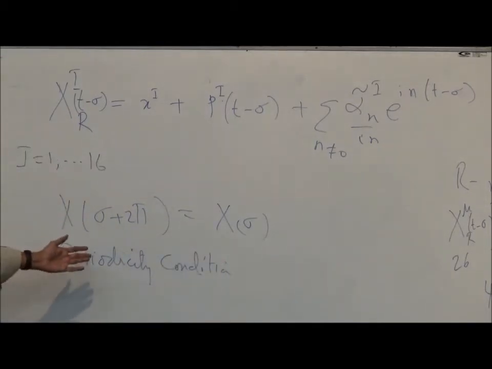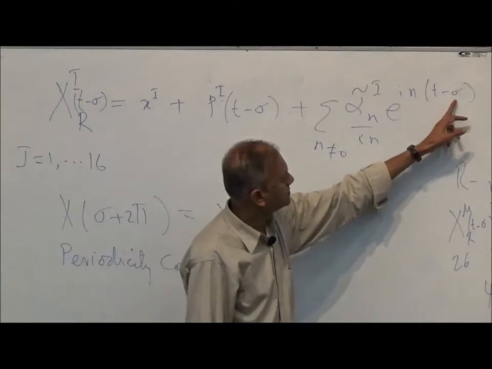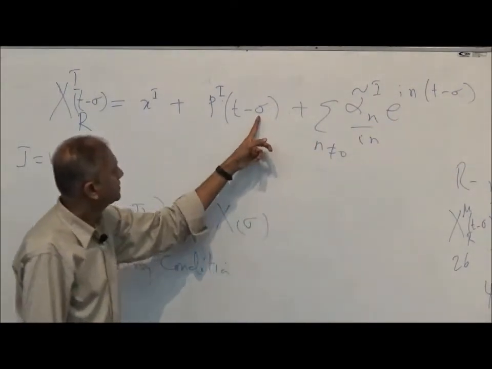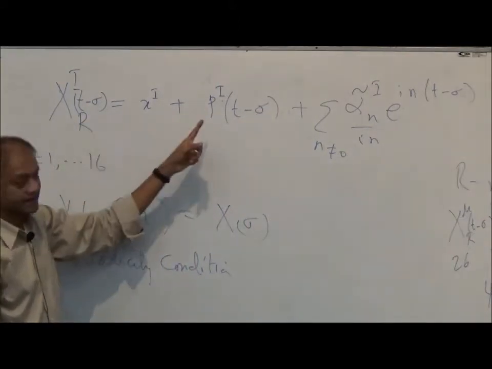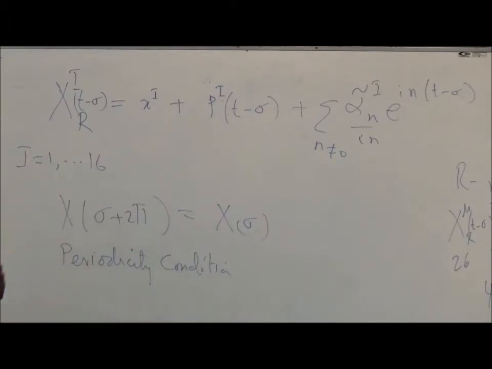This should generally be true for the closed string; that's how you define what the closed string is. But here, this part is fine, it just requires that n is an integer, but this part is not. It actually shifts x_0. But that means that this momentum must be quantized. It must be living in some lattice.